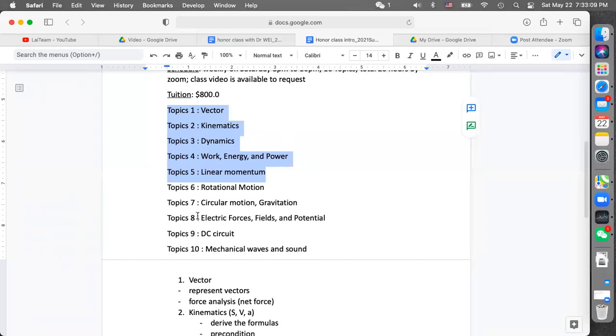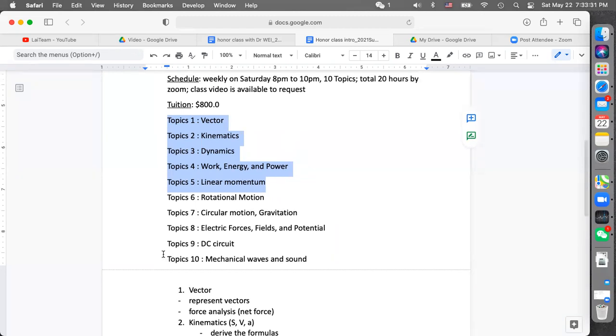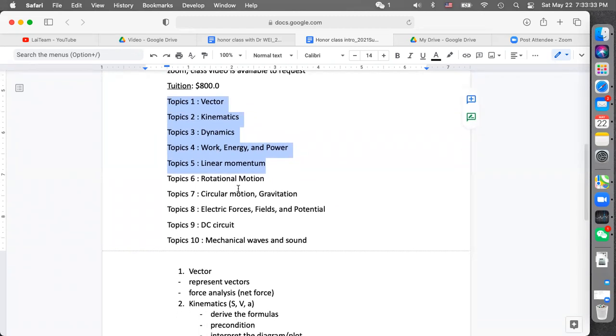But for rotation motion, most of the time we're talking about a single object. In your book the word is a rigid body. So all the formulas and theorems we talk about in kinematics, dynamics, momentum, work energy, power, there's a set of formulas and theorems in rotation.